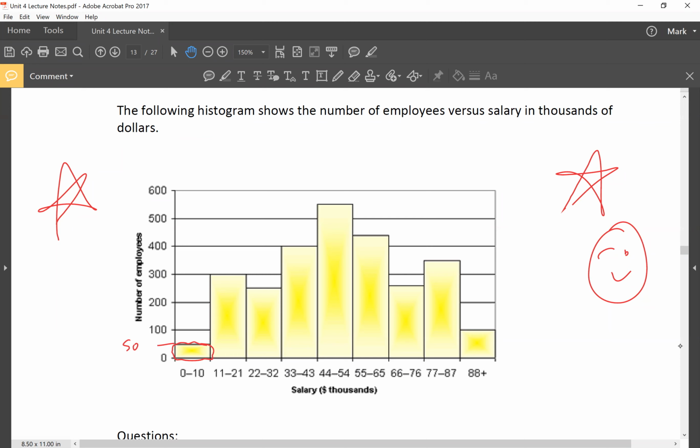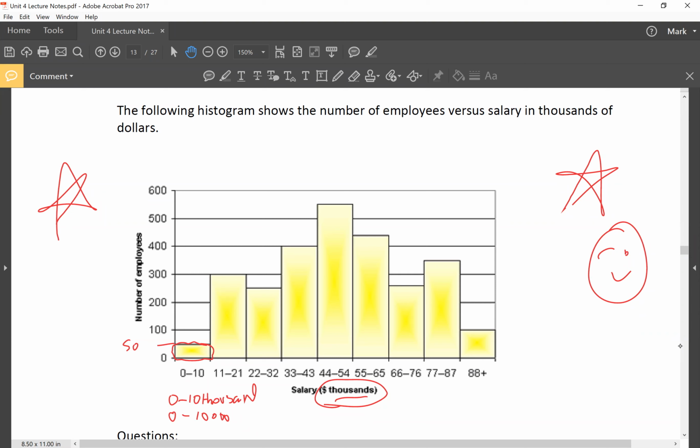This is dollars. I know it's dollars because here, and it's in thousands. So what this means is this grouping would make 0 to 10,000, which means 0 to 10,000 like this. Okay, the reason it's written as thousands is so we can fit the numbers on the graph.